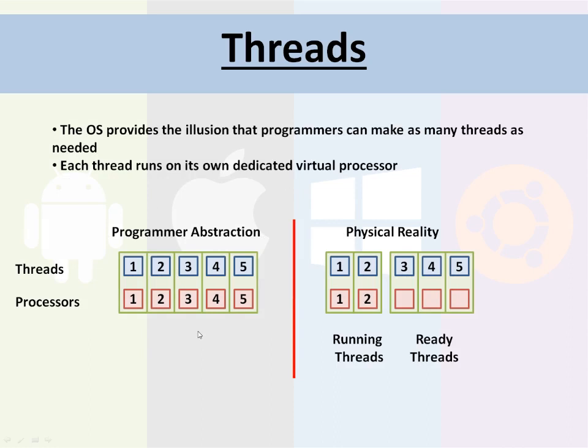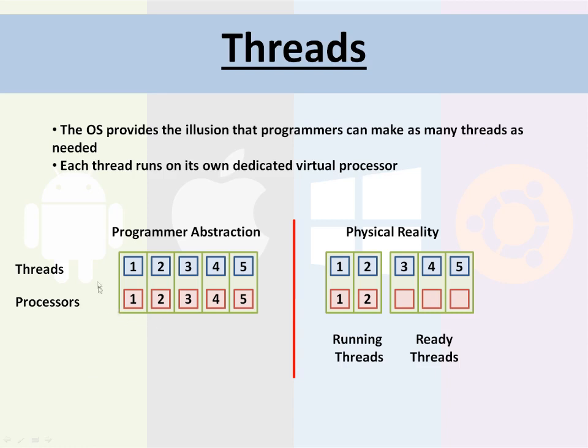Okay, so like I said, the operating system provides the illusion that programmers can make as many threads as needed, and each of these threads will be running on its own private or dedicated processor, and this is a virtual form of the processor because the operating system has provided that illusion. And the diagram below is kind of what we get.